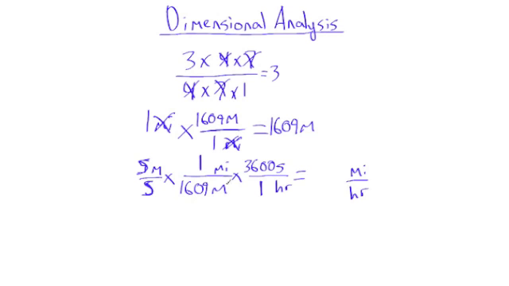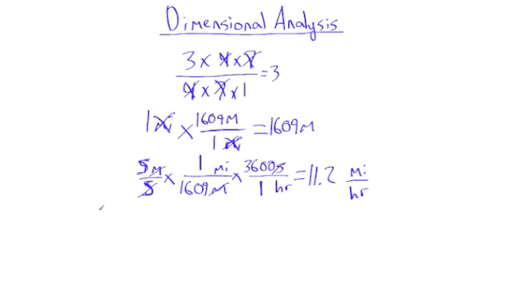I can cancel meters, and I can cancel seconds. So look, I'm left with miles per hour, which is what we want over here. And for the curious ones of you out there, the answer is roughly 11.2 miles per hour.